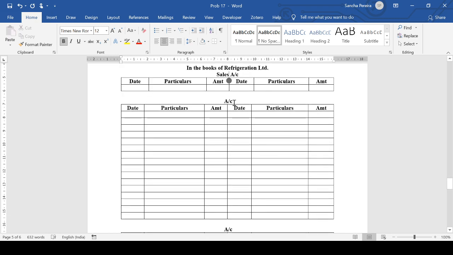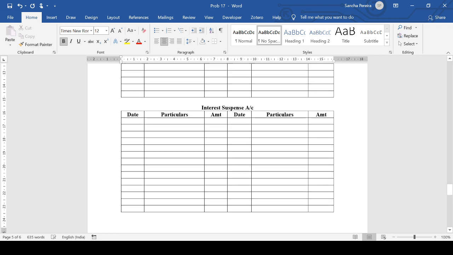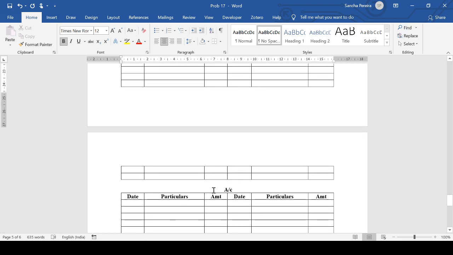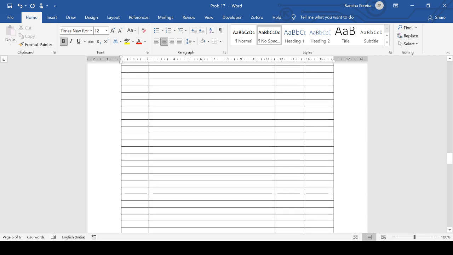Then we have the buyer's account here, it is Ashok. Then we have the interest suspense account, and finally we have the interest account.